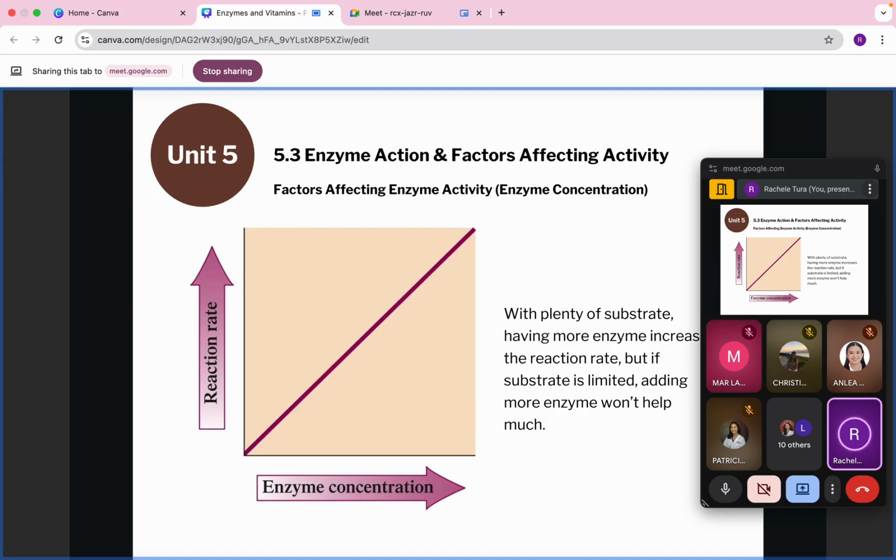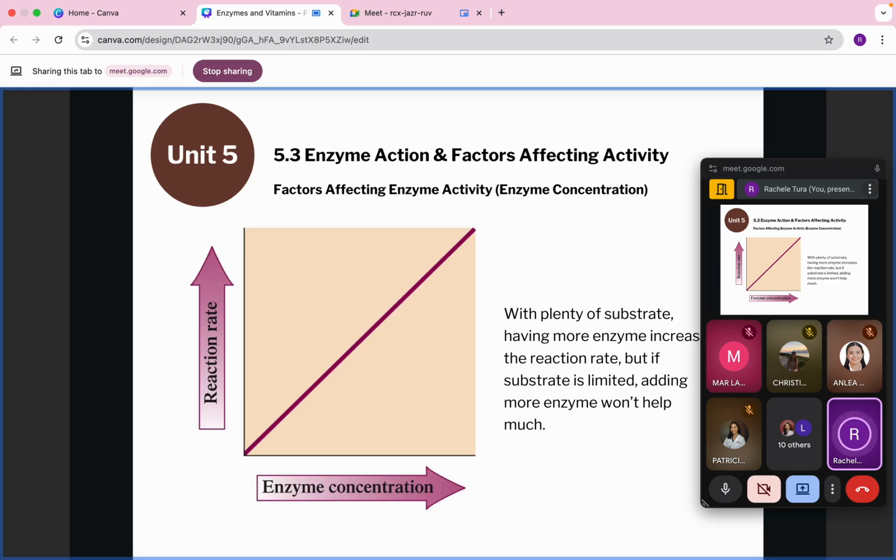Since we have an abundant amount of substrate, increasing the enzyme concentration will also increase the reaction rate. And this will only happen, take note, if the substrate is plentiful. But if the substrate runs out or becomes limiting, adding more enzymes will no longer make a big difference in this diagram.